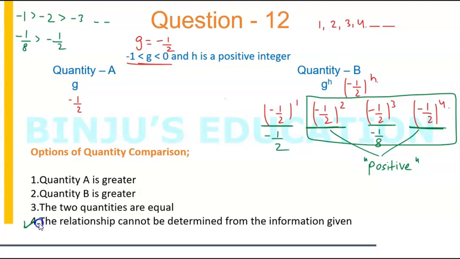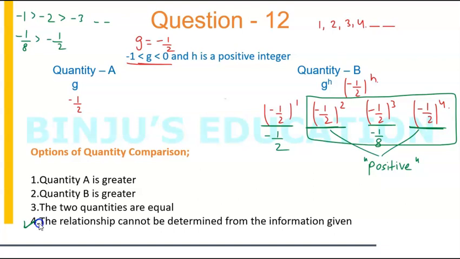So in questions like these, if you are unable to think of anything, you're losing time, you're feeling the time pressure, then take a couple of values and try to take those values which will give you the answer as 4. If you are able to justify that those values are also not giving you the answer D, that is, the relationship cannot be determined, then of course you can go with 1, 2, or 3. But you have to think of those values. You have to actually start thinking in those terms.